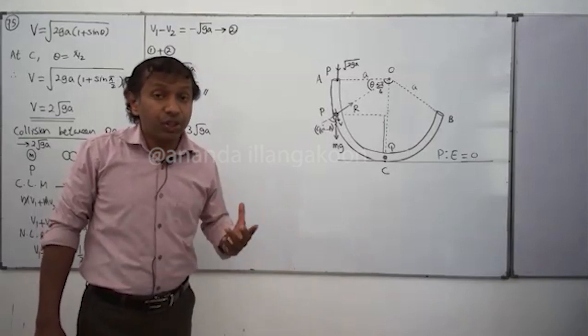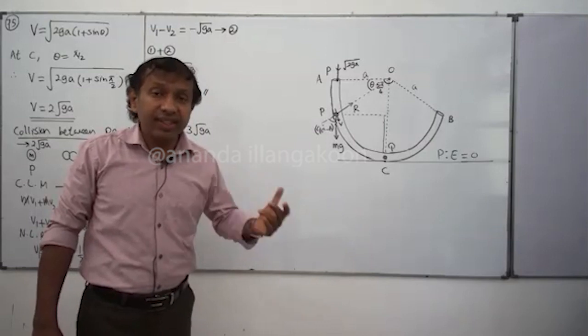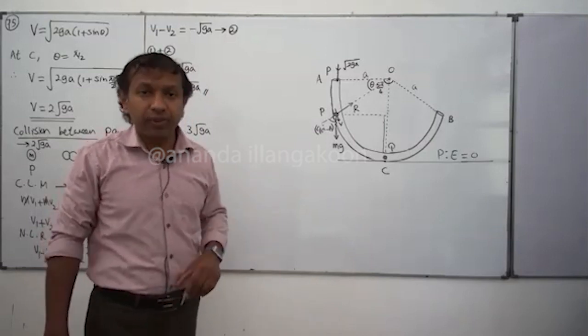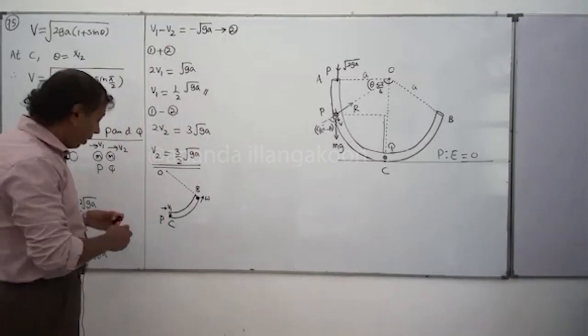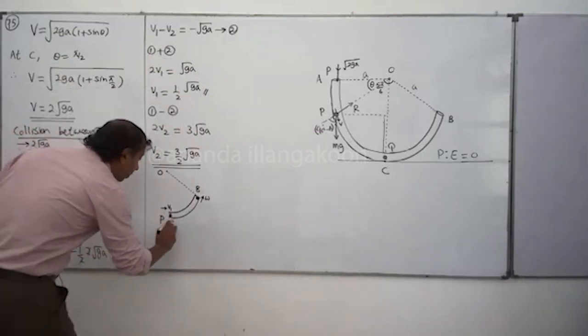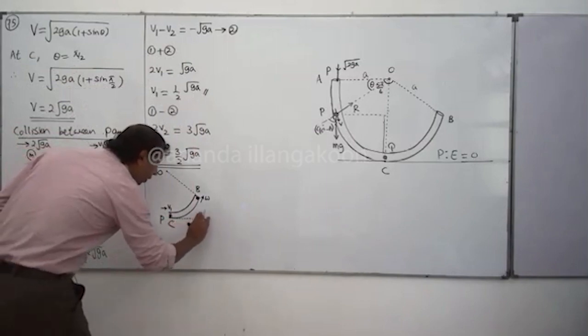That means such a velocity W does not exist. If the particle P came to the point B, it says particle P does not come to the point B. Understood? And then for P you can apply, with the potential energy zero level, I can take this level, or any other level you can consider here.